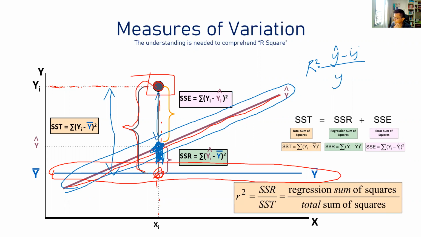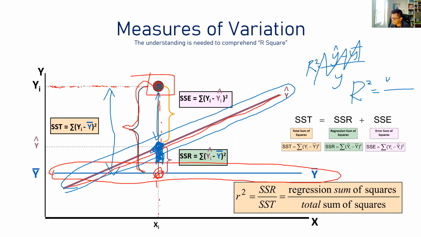Sorry, I will repeat my explanation. The coefficient of determination is a proportion of how good the improvement will be if I use regression.